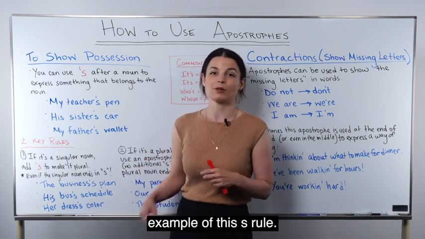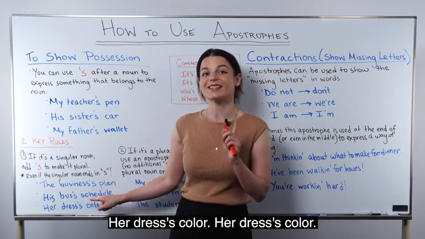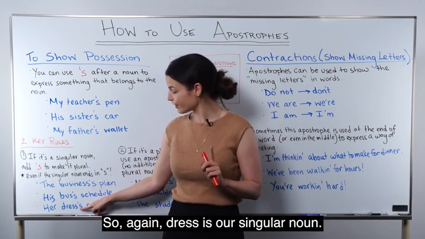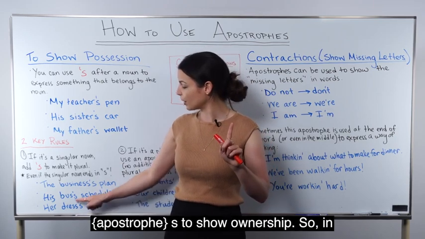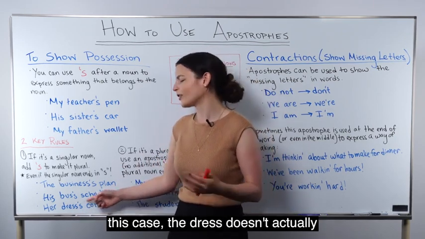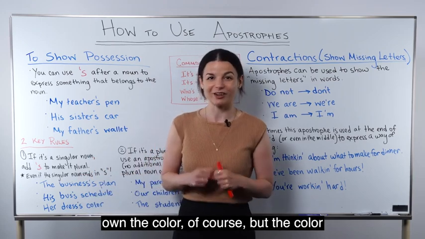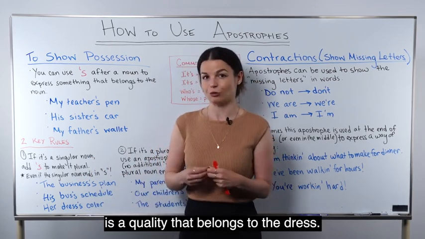Here's one more example of this S rule. Her dress's color. Again, dress is our singular noun. It ends in S. We still have to put apostrophe S to show ownership. In this case, the dress doesn't actually own the color, of course, but the color is a quality that belongs to the dress.